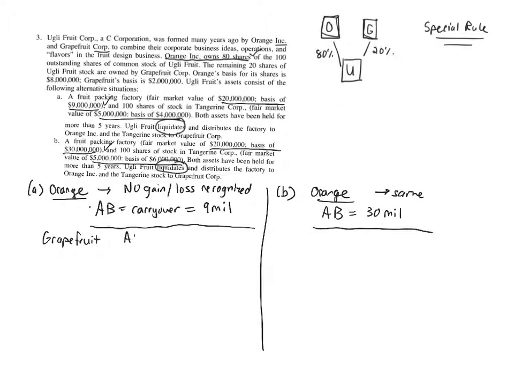Grapefruit, we do the amount realized minus adjusted basis, just like we did under the general rule. There's no liabilities in this problem, so it's easy. So you're taking what grapefruit's getting. What is grapefruit getting? Grapefruit is getting tangerine stock. In A, the fair market value of the tangerine stock is $5 million.